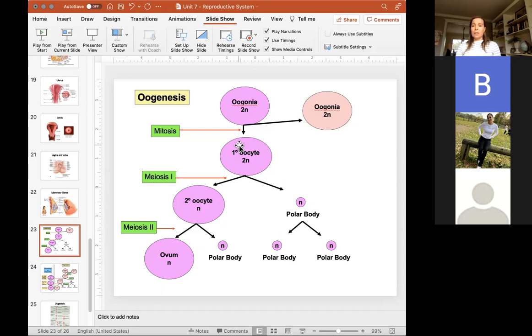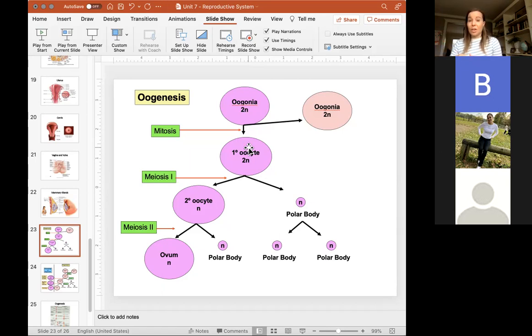And there are basically two options for what ends up happening to these primordial follicles. They either undergo apoptosis, which is like a programmed cell death. So it's not that they get hurt or they don't develop properly or something, and they can no longer survive.